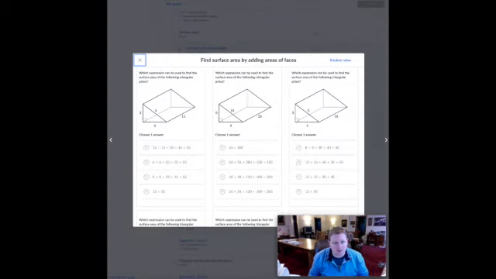The second one that we have new for today is find the surface area by adding the faces. An easy way to do this to eliminate some answers is we just did the nets. How many faces does this have? Well, there's a face right here. That's a triangle. And there's another face right there, and that's a triangle.